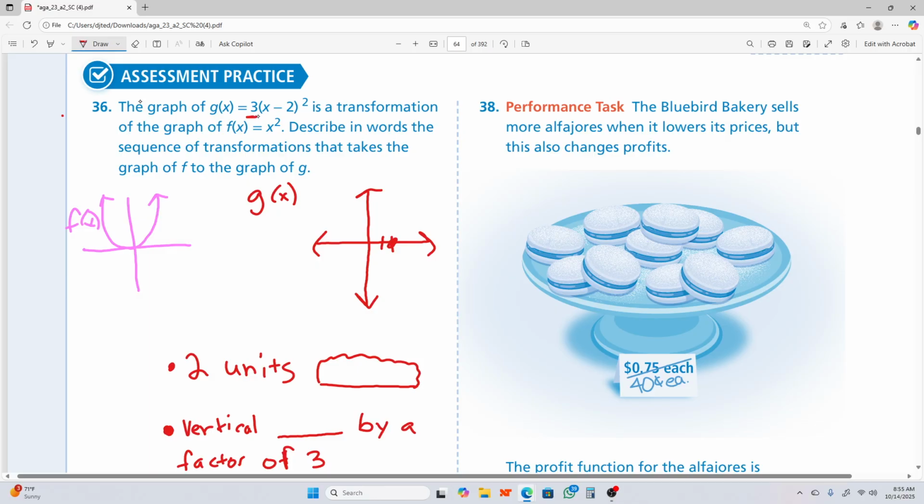So this 3. And when we see that, we know that our points are 3 times more. So 3 times 0 is still 0, 0 right here for our y. But our x's are going to be 3 times higher. So wherever this next x was, boom, we're up 3 times higher.